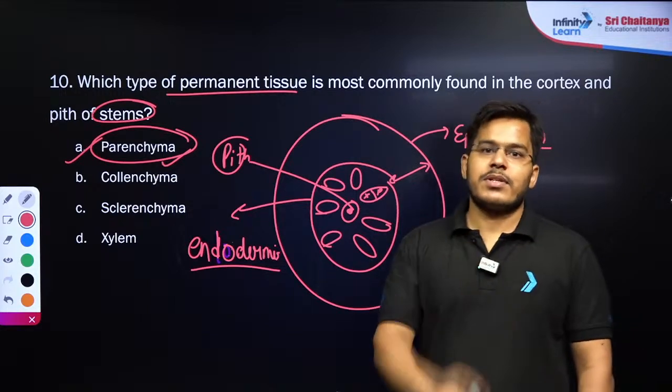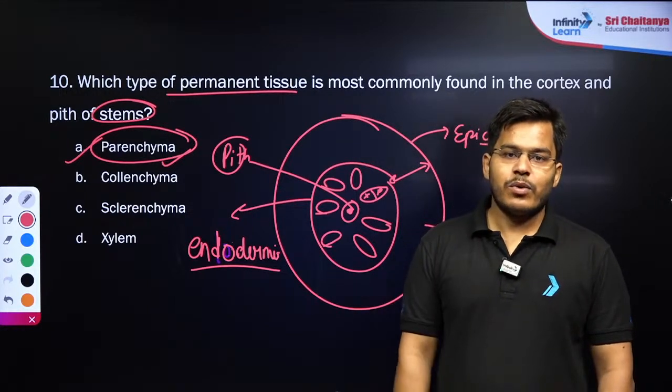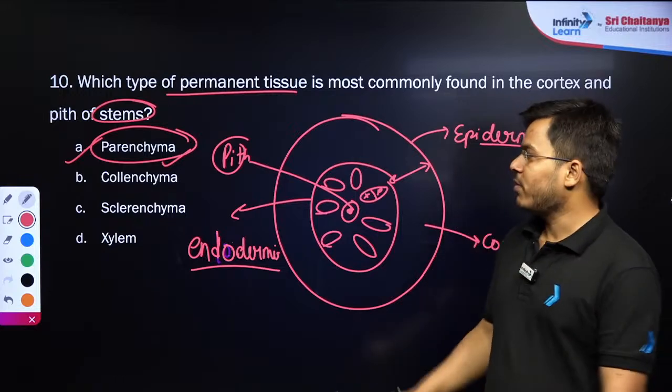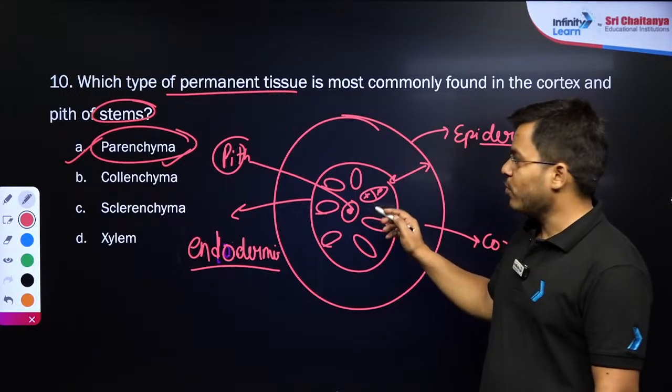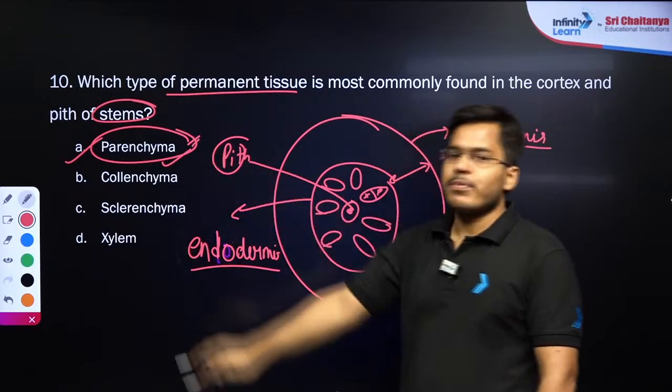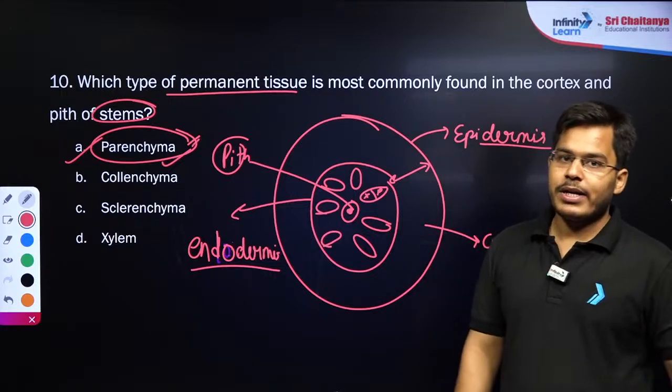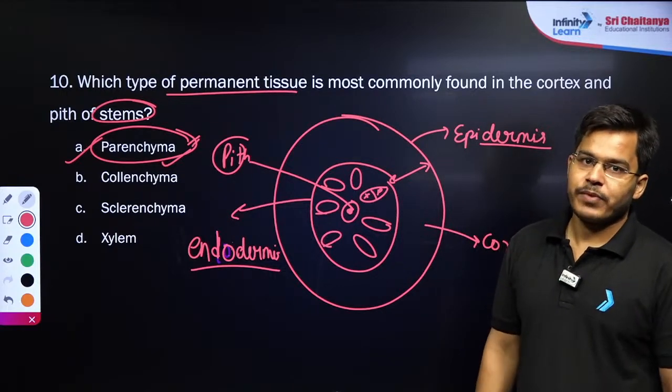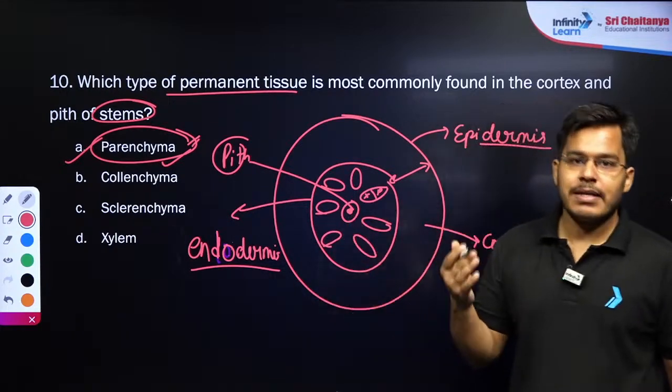But the major portion is again going to be parenchyma. Major portion is parenchyma in cortex and the pith. In pith definitely parenchyma is there.